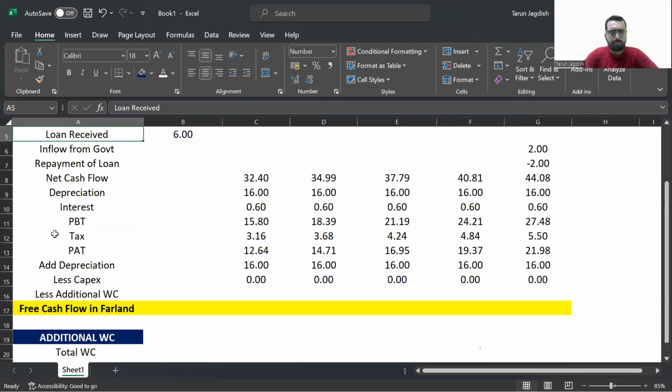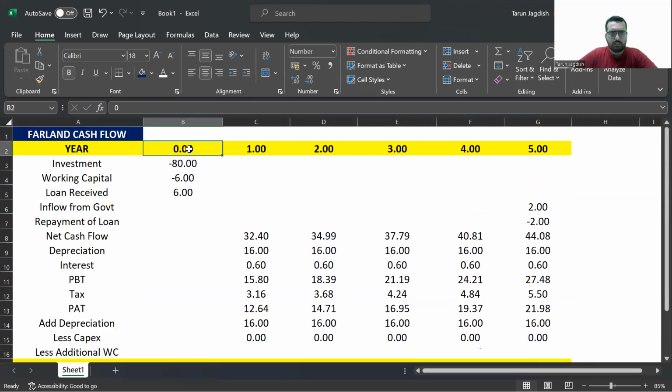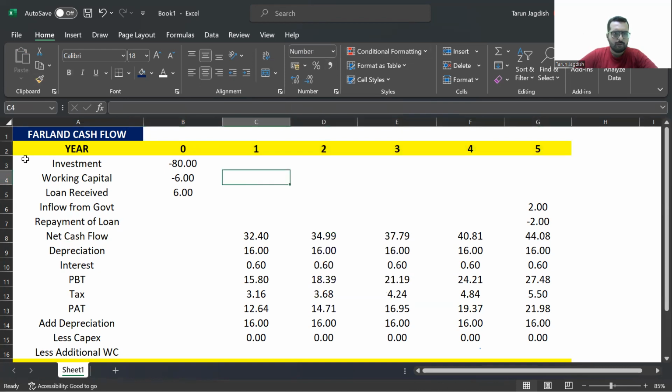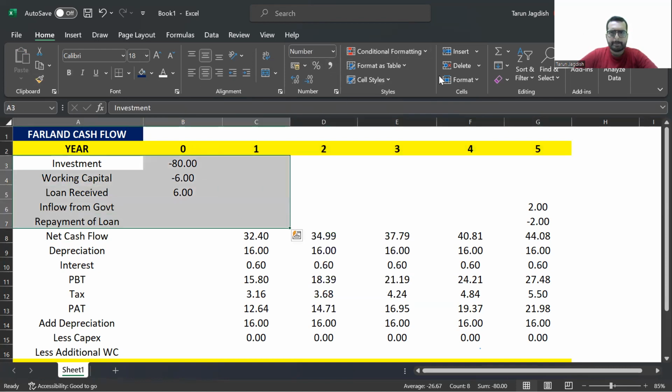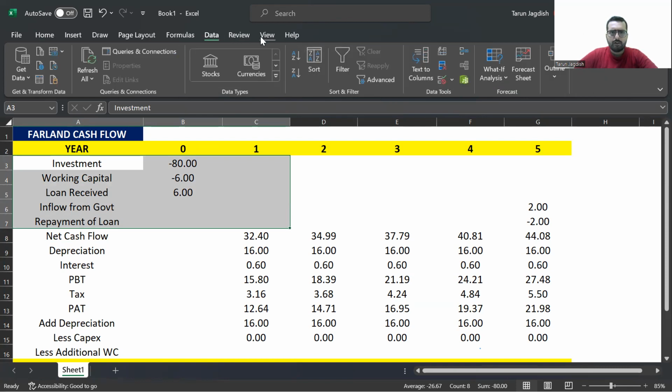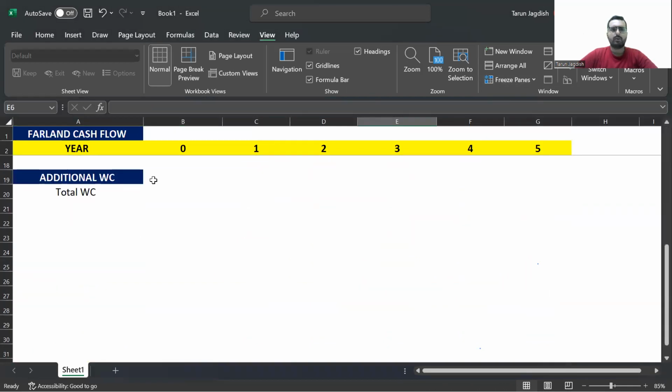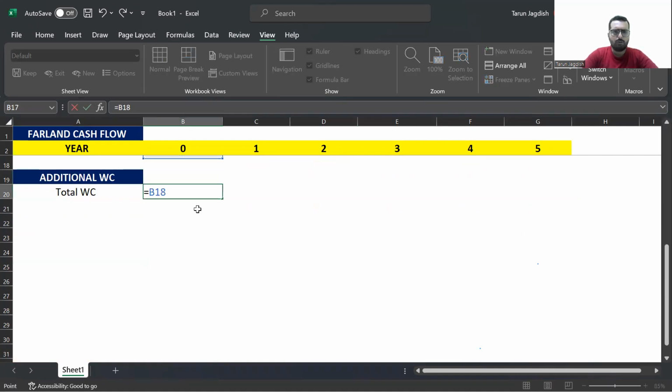Wait, I'll just freeze pane so it will be easy for me to check the year. Okay, right. So here additional working capital, I'll start with total working capital.